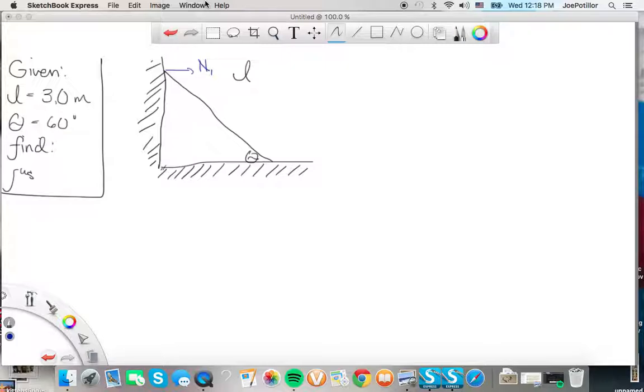I identified it first. I know there's the weight of the ladder from the center of the object here. The ladder has a weight. We'll define that as mg.